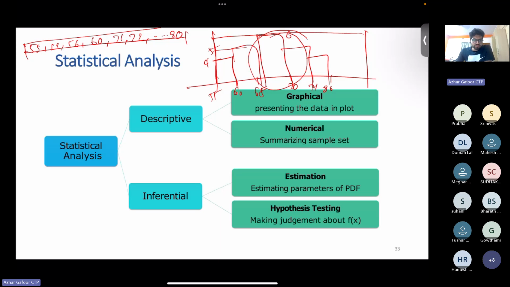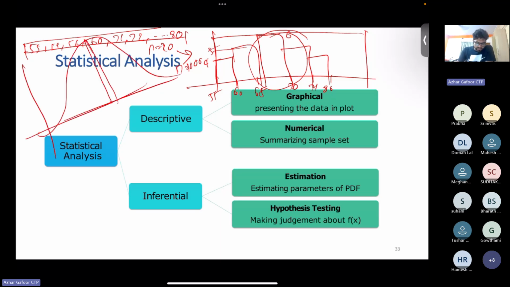If we increase our sample, if you take n equal to 20 and then increase that to, let's say, 1000, we might end up getting a curve very similar to the normal distribution. Normal distribution is a naturally occurring process, so in most cases we will see that.